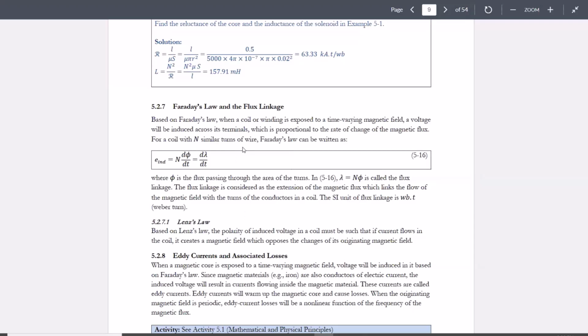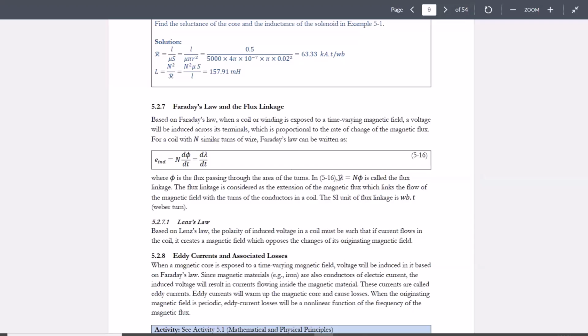So for a coil with N similar turns of wire, just like the one that we saw in the solenoid, Faraday's law can be written as N d phi over dt. So E induced, the voltage induced on that coil, would be N times d phi over dt. We call that N times phi the lambda, which is called flux linkage. So phi is flux, d phi is the change of flux, d lambda is the change of flux linkage, and that flux linkage would be N times phi.